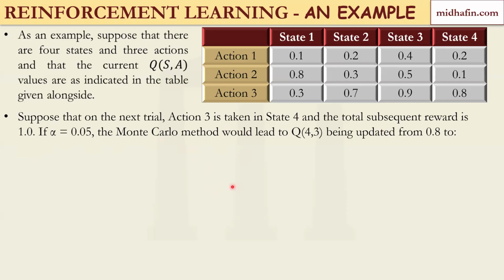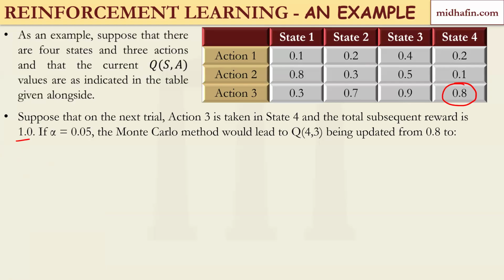If you are in state 4 and you take action 3, it means this Q value is being referred to, and you care about the total subsequent reward after this. You don't care what reward you will get immediately after this state. Total reward is important, and it's given to be 1.